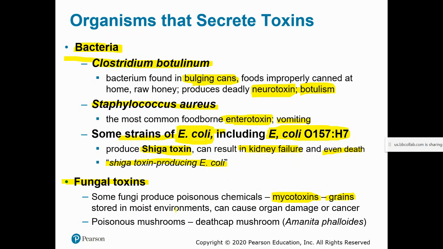If the environment in which the grain is being stored is too humid, then that creates a perfect environment for these fungi to grow and potentially produce these harmful mycotoxins.